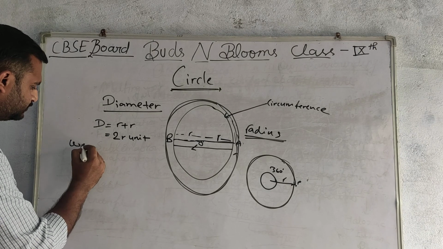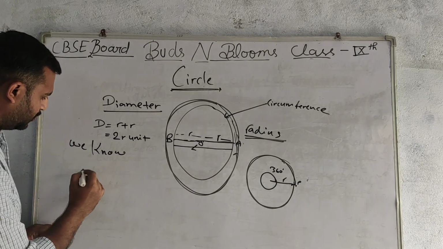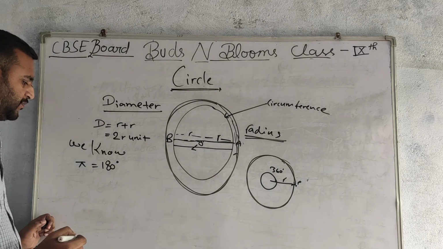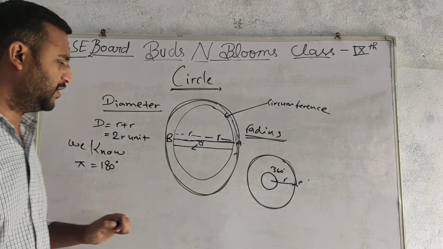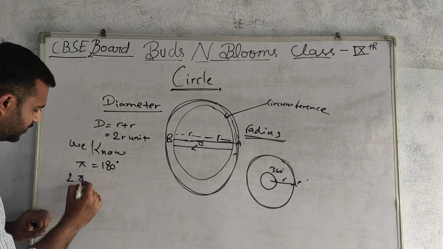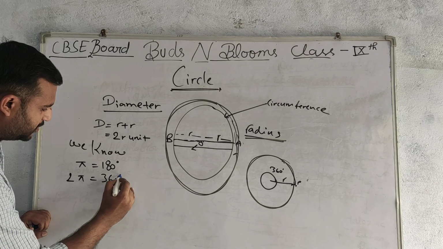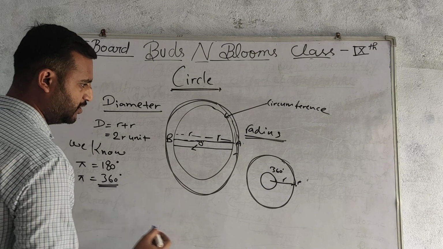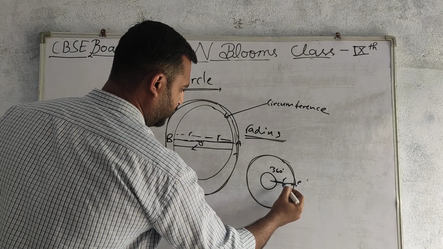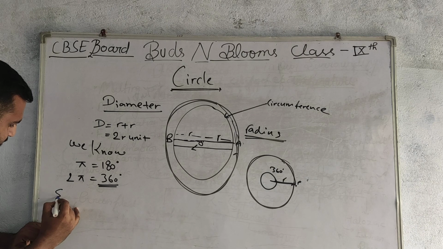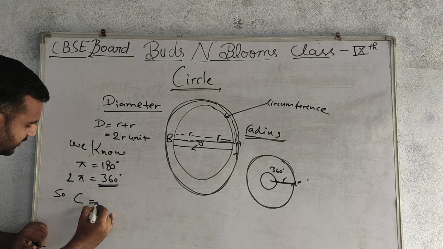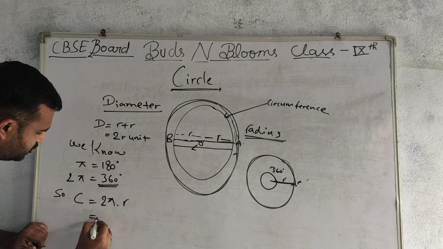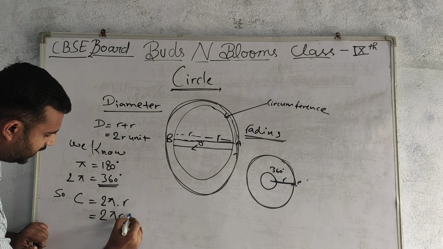We know the value of pi is equal to 180 degrees. If pi is equal to 180 degrees, then 2 pi is equal to 360 degrees. We travel 360 degrees with the distance of r. So, circumference C is equal to 2 pi into r, which is 2 pi r unit.